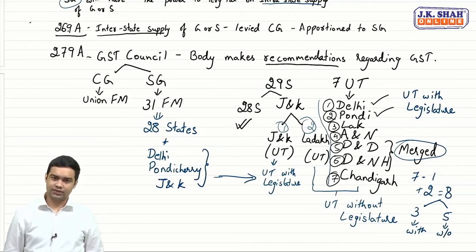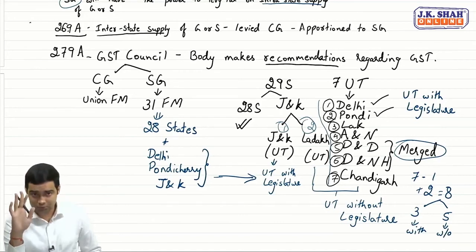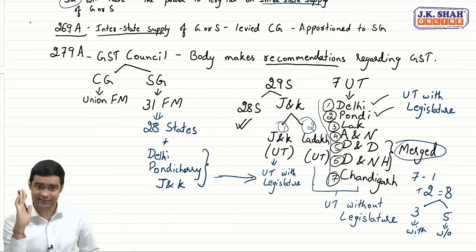5 without legislature, which are those? Andaman and Nicobar, Lakshadweep, Dadra and Nagar Haveli, Daman and Diu, Chandigarh and Ladakh. These 5 are union territories without legislature. It seems to be a geography class, but please understand one thing.